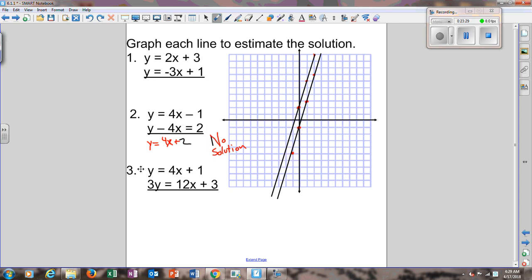Okay, last one. Got to get y by itself first, so you divide by 3. Gives you y equals 4x plus 1. What we notice about these two equations, they're the same. So all we have to do is graph 4x plus 1.